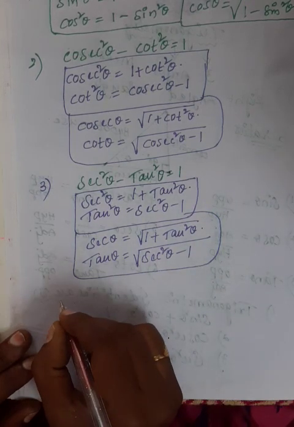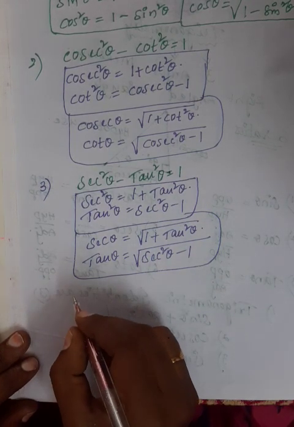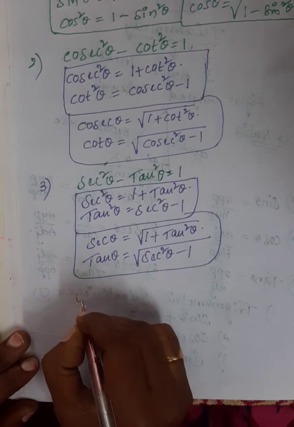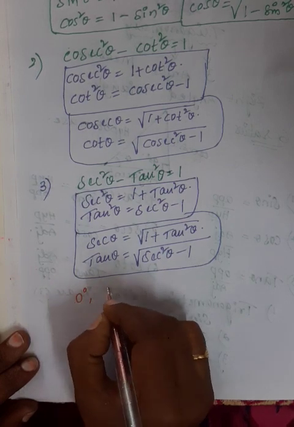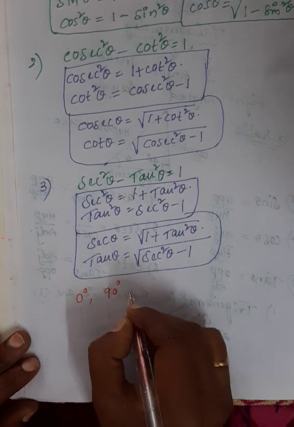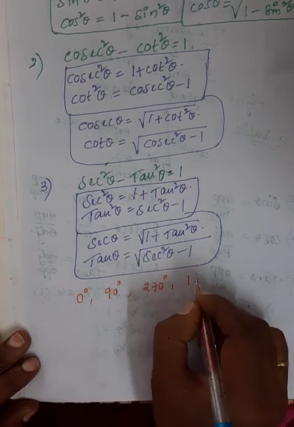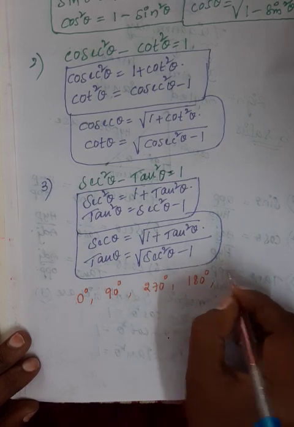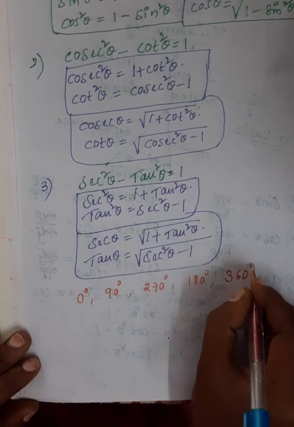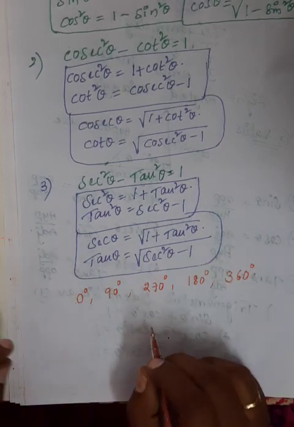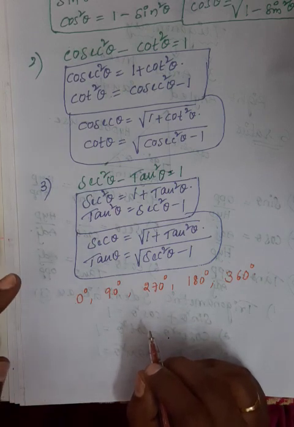So here totally we are having 4 angles, which is 0 degrees, 90 degrees, 270 degrees, 180 degrees, 360 degrees. So these are the angles we are having. These are known as basic angles.